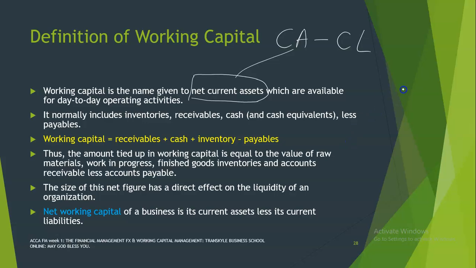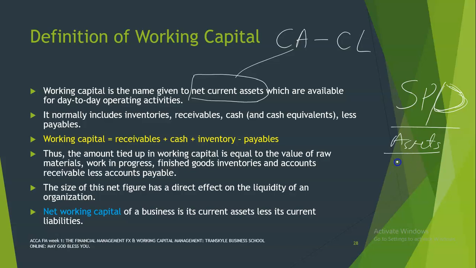But I want you to understand something. These two terms come from the statement of financial position, SFP. They come from the assets. Here we are not talking of the non-current assets, but the current assets and current liabilities.